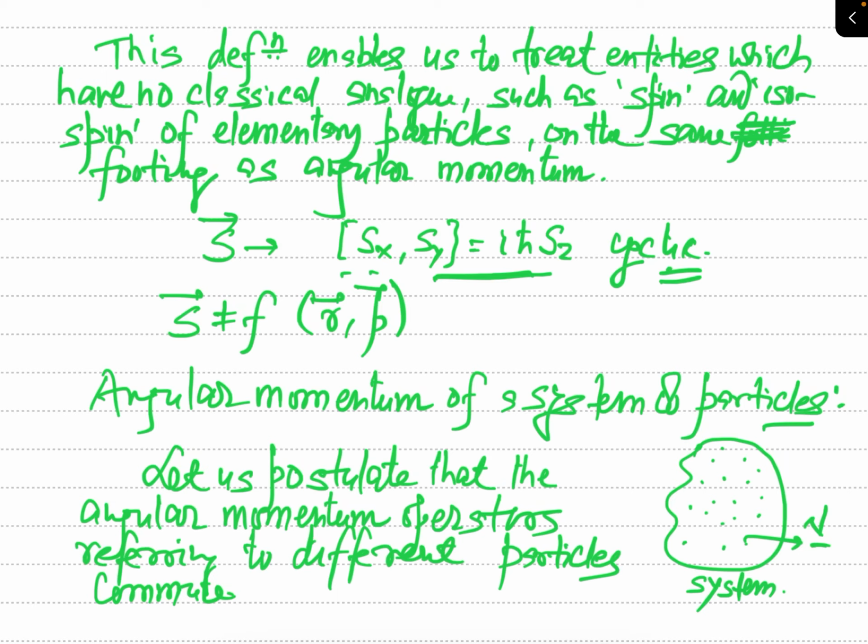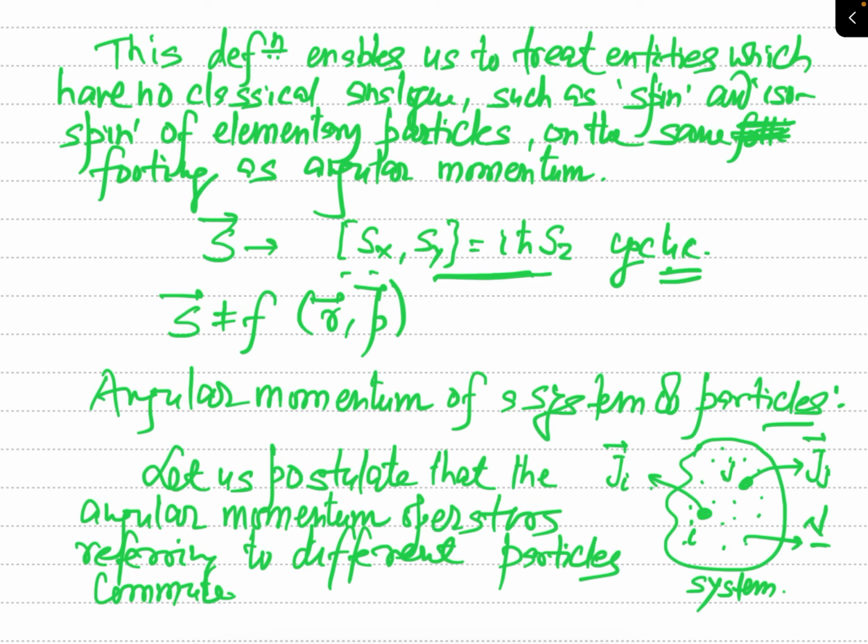So for this, let us consider there is an ith particle. I have depicted a particle in this figure, and this is, let us say, the ith particle. And here is another particle, let us say the jth particle. And the angular momentum operator corresponding to this ith particle, let us say, is Ji. And the angular momentum operator corresponding to this jth particle, let us say this is Jj.